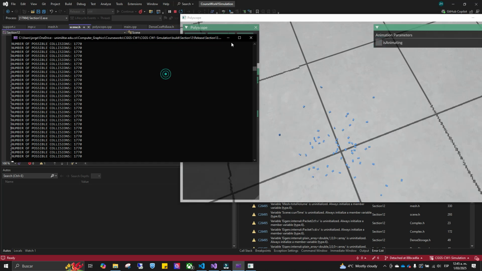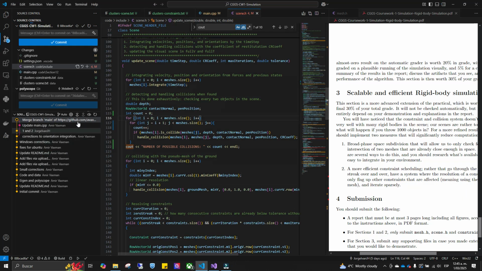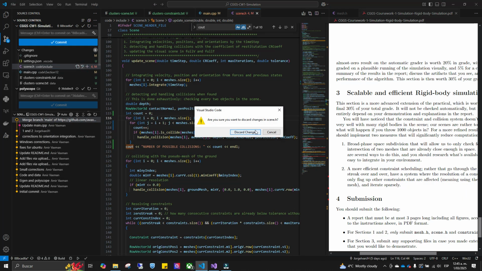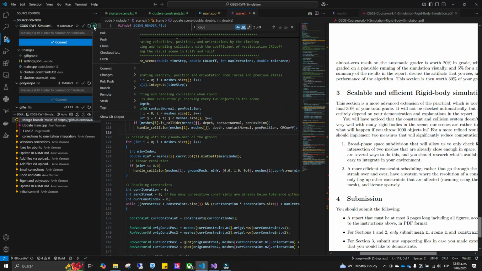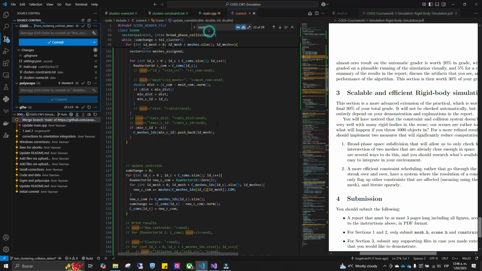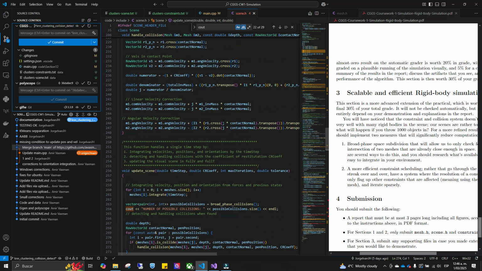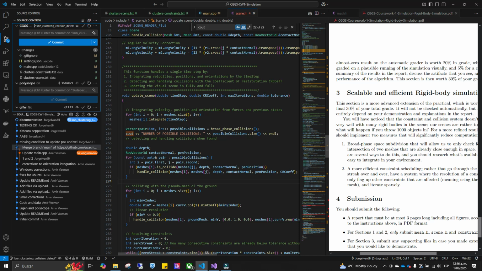So now I will jump to my approach, which is in this branch locally, of course. What I'm proposing is not to do the object collision detection and handling exhaustively, but to only check a list of those that are very likely to collide.